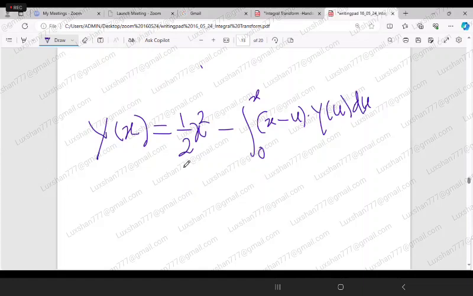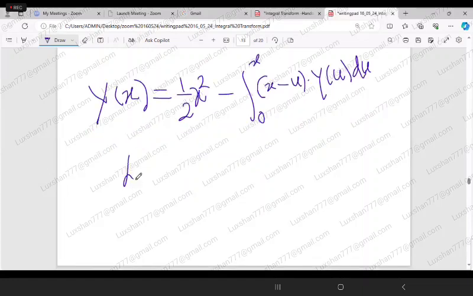Okay, so now we want to solve this equation and find capital Y(x). So let the Laplace transform of capital Y(x), because here the variable is x, no problem, I'm taking it as x, it doesn't always need to be t, equal to simple Y(s).